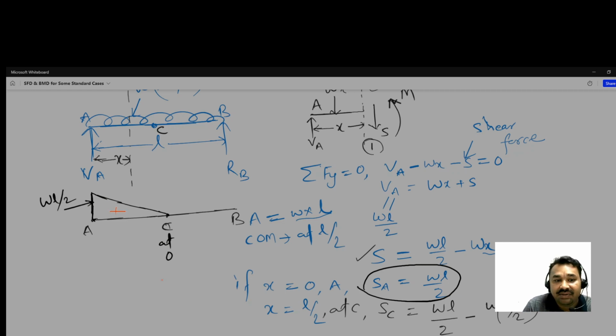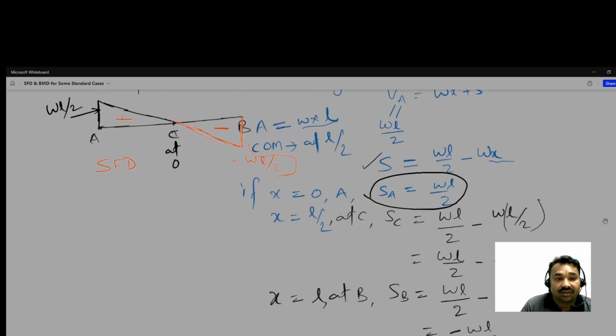And the beam is symmetric, so this side the magnitude will be the same, but with a minus sign. So it is minus, and it is the SFD, shear force diagram.